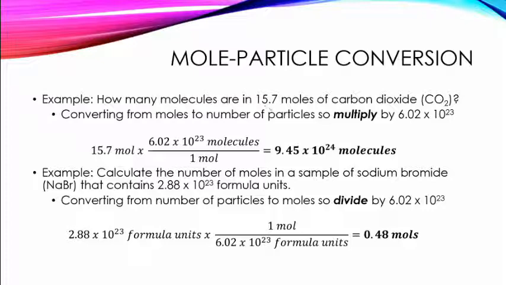They give me a number and a unit, so this is my starting point, what I'm boxing here, 15.7 moles. So I know I am starting with moles. And then they ask, how many molecules? Well, molecules is a type of particle. So in this case, I am given moles, and I want the number of particles.